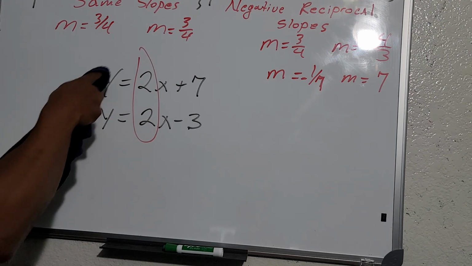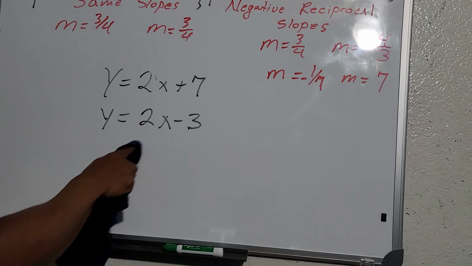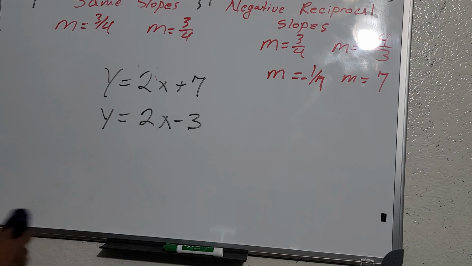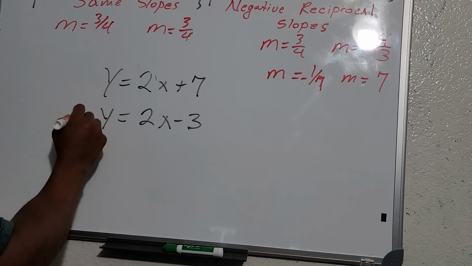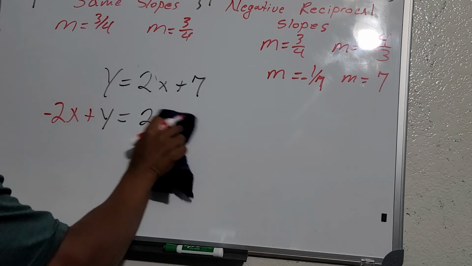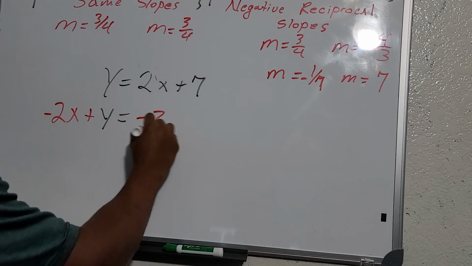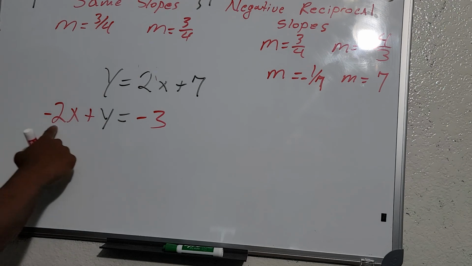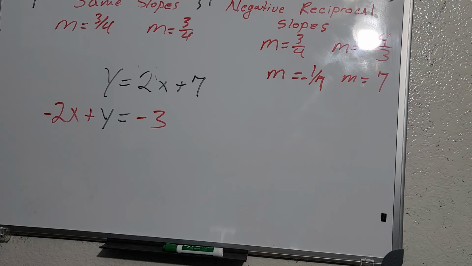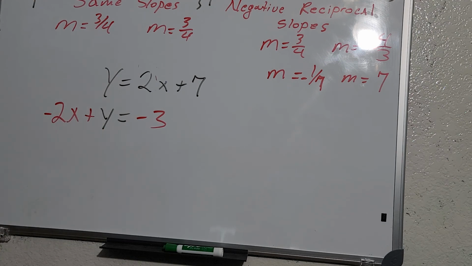Sometimes, and I'm going to erase this, sometimes you have to determine the equation of the line by actually solving for y. I'm going to write the exact same equation that I just had here. Only difference is I'll put this one here in standard form. Sometimes you would have to solve it for y. In solving for y, you have to get y by itself. In doing that, you will always just do the opposite operation.